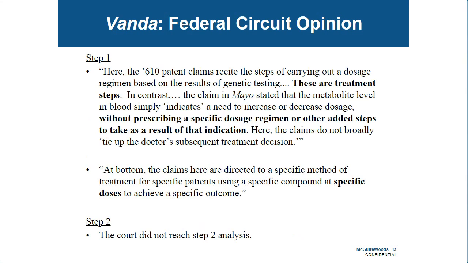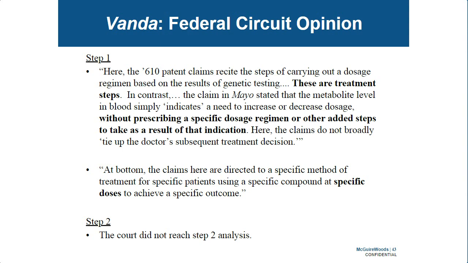And the court emphasized, again, if you look at this slide, these are treatment steps, okay? And so the court seems to be saying when you are actually claiming a method of treatment, those types of claims will be eligible for patent protection. And the court does say the claims do include specific doses.